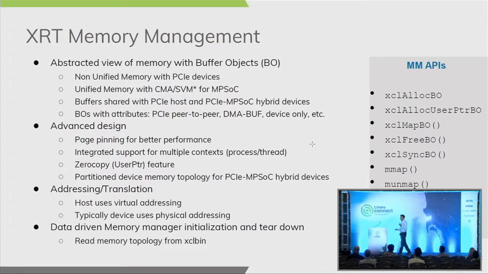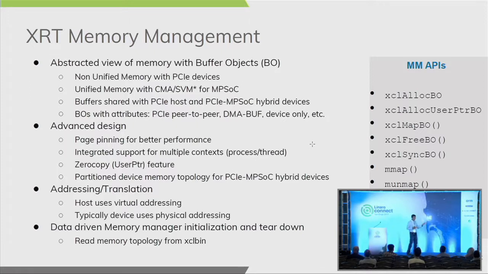You can also share buffers between the host and a device, an MPSoC style device, or a PCI hybrid device with its own ARM core embedded or plugged into a PCI host. So you're basically sharing buffers between two processors, and we provide that abstraction very neatly.